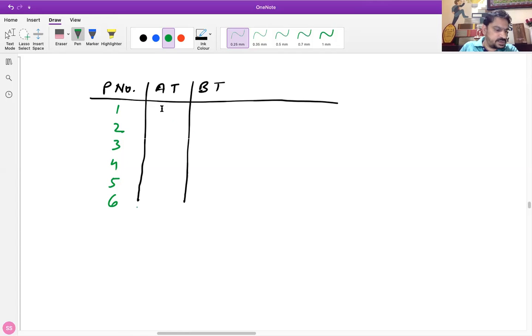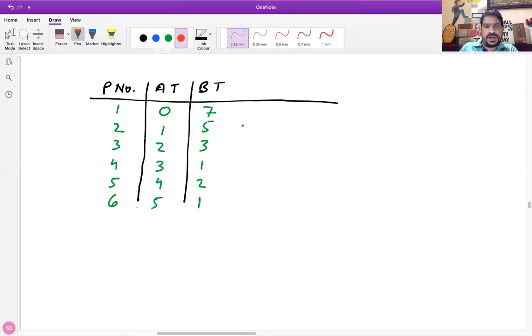So the arrival times are 0, 1, 2, 3, 4, and 5. And the burst times are 7, 5, 3, 1, 2, and 1. So these are all different burst times related to all the processes.